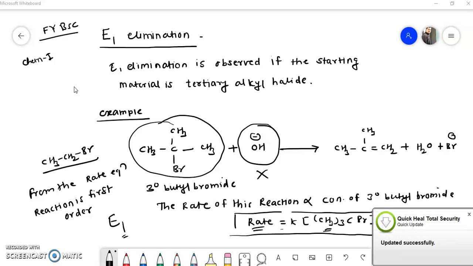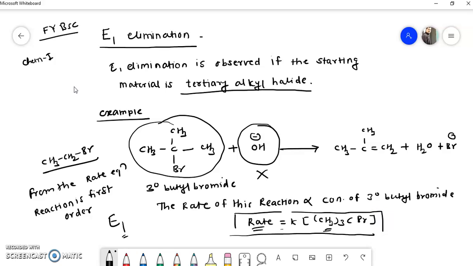I think this E1 elimination reaction is understood to you. I will once again repeat: E1 elimination is observed if the starting material is a tertiary alkyl halide. The example is tertiary butyl bromide reacted with base, forming an alkene named 2-methylpropene.